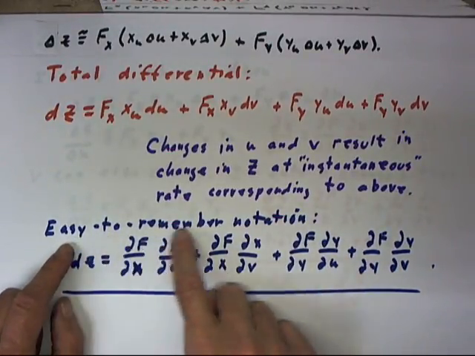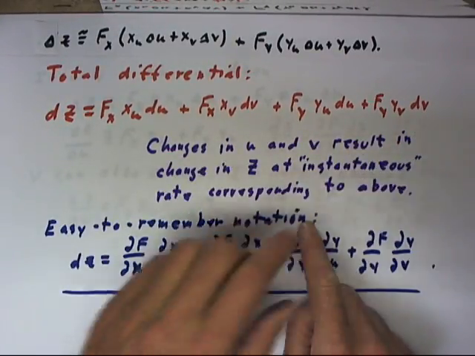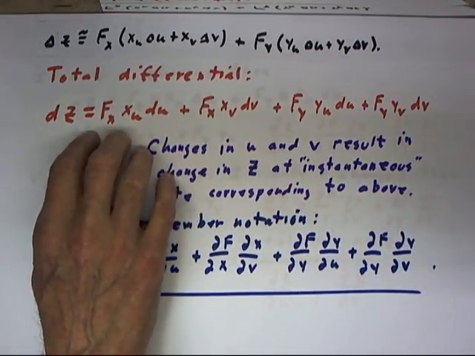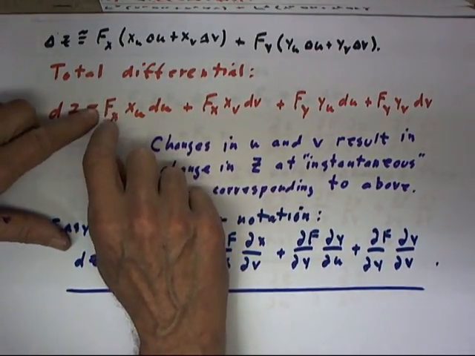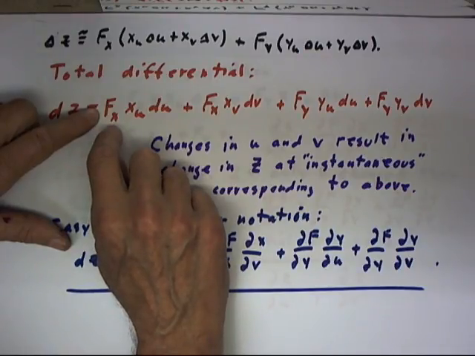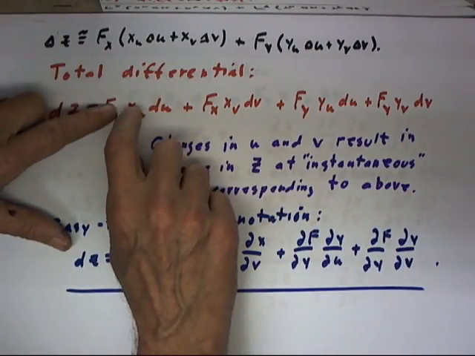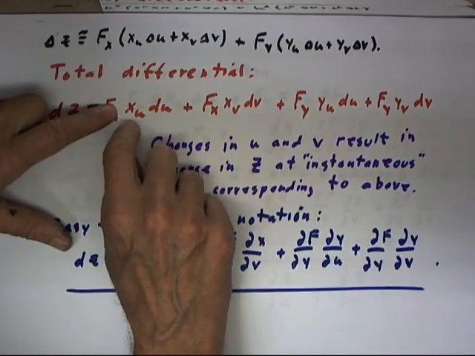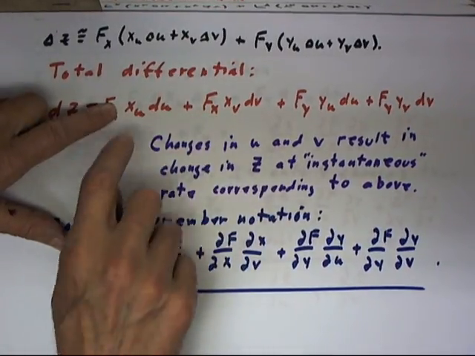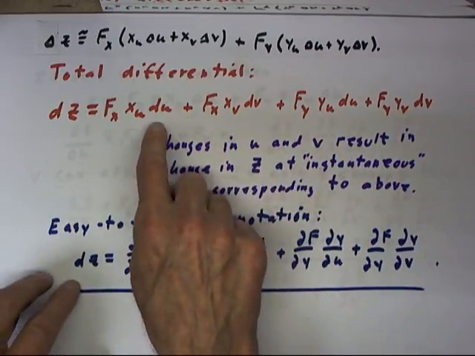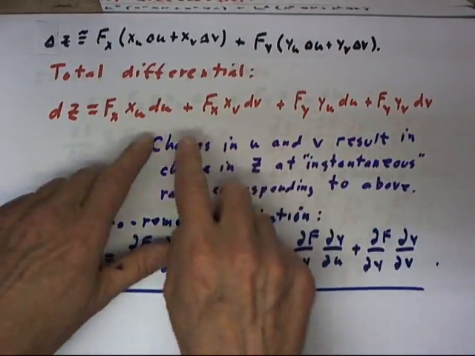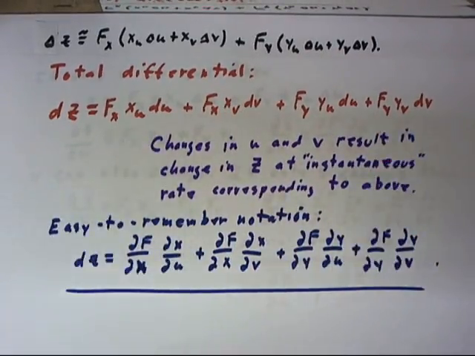Now, remember all we're saying here is that the change in z is the rate of change of f with respect to x times the change in x, which is the rate of change of x with respect to u, times du. And similar here, here, and here. You should be able to look at these terms and understand what they're saying in terms of rates of change.